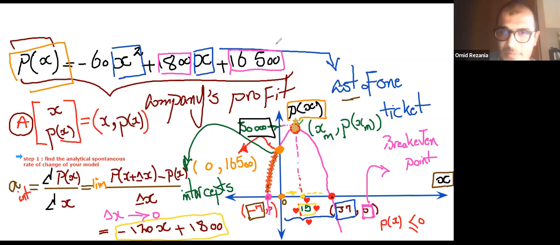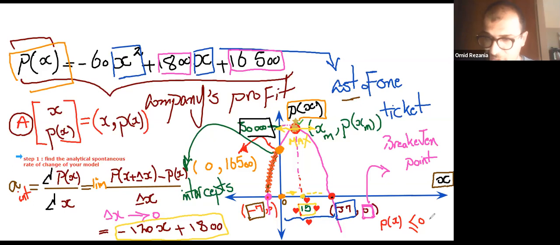Let me pick up a good color. This point, I show by a straight line parallel to the x-axis, and I call that max. Then you see that they have a maximum here.